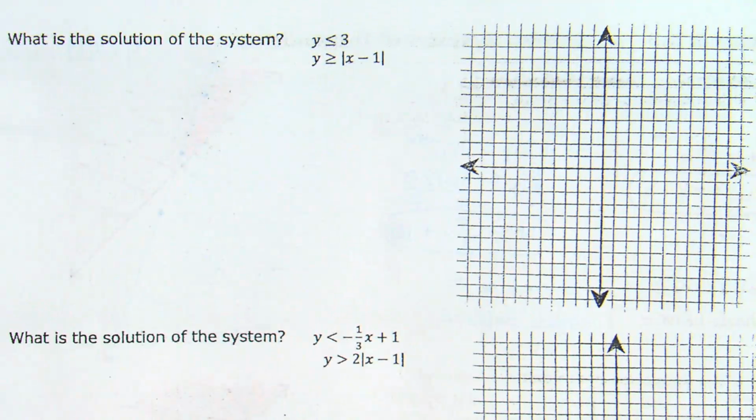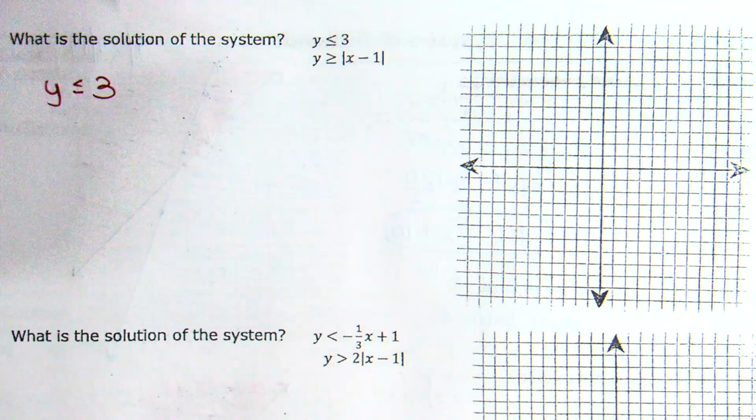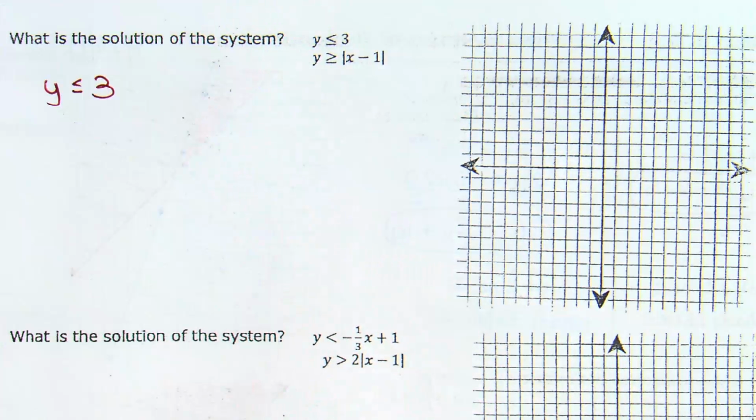So, one at a time though. Let's start with y less than or equal to 3. Thoughts? Okay. He says go up 3 and then make the line go this way as he makes a horizontal motion. Okay.